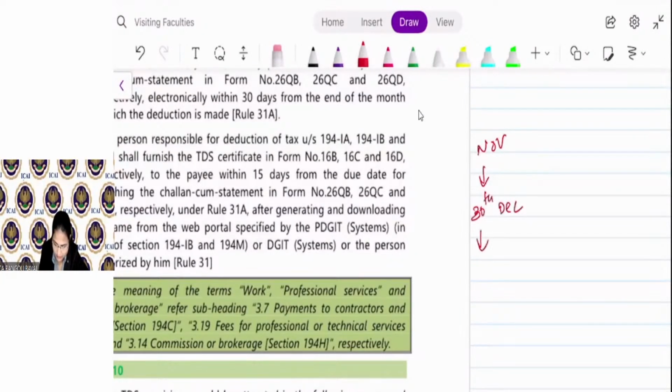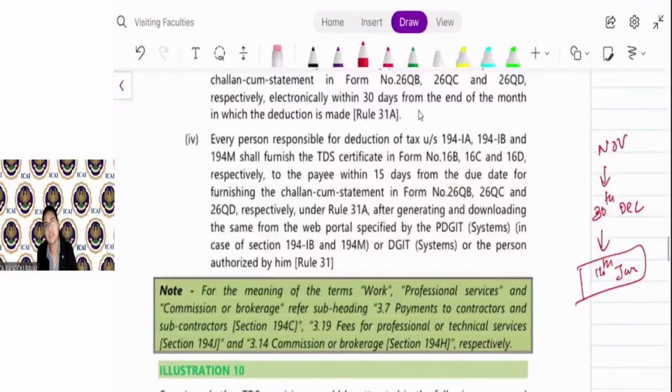From that, 15 days, up to 14th January, you have to give a TDS deduction certificate to the payee in form 16B for 194IA, 16C for 194IB, and 16D for 194M. You can download the same online on the portal.